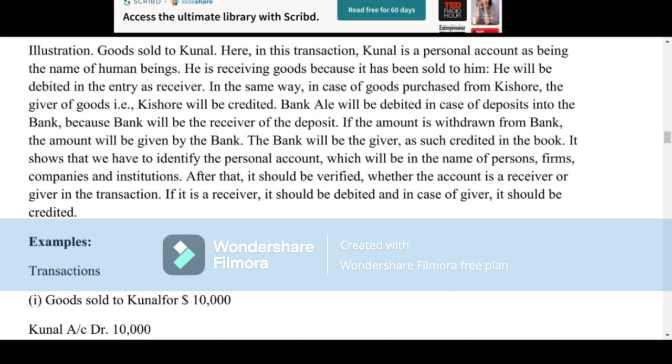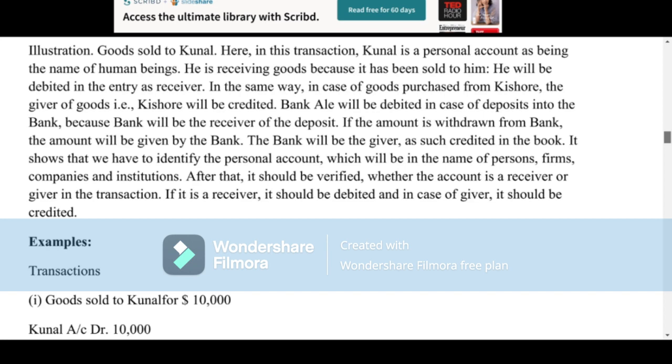And in case of giver, if I'm giving money to another person, like I bought something from another company or supplier, so I have a liability on me. I owe him money against the goods that I have purchased from him. It should be credited.